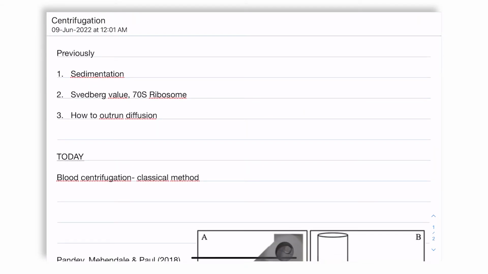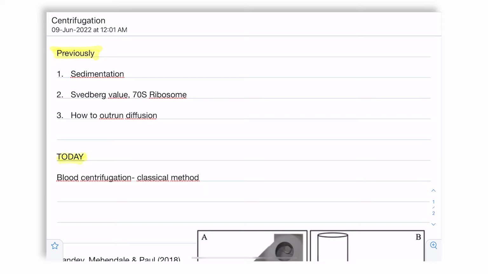Previously, we've discussed the topic of sedimentation, Svedberg's equation and value, taking the example of the sedimentation velocity and centrifugation velocity of the 70S ribosome, and how in centrifugation, separation can outrun diffusion.